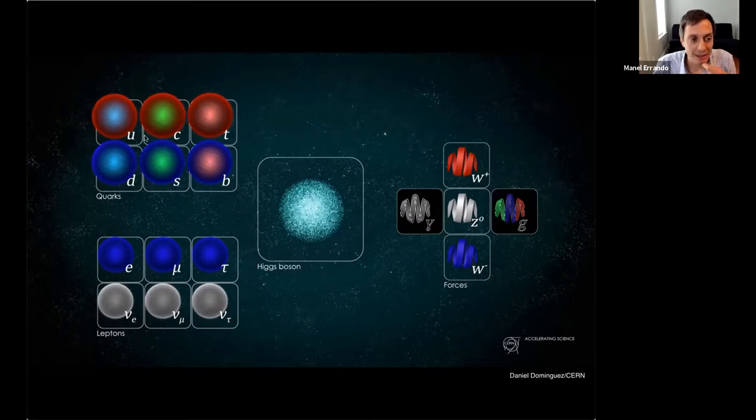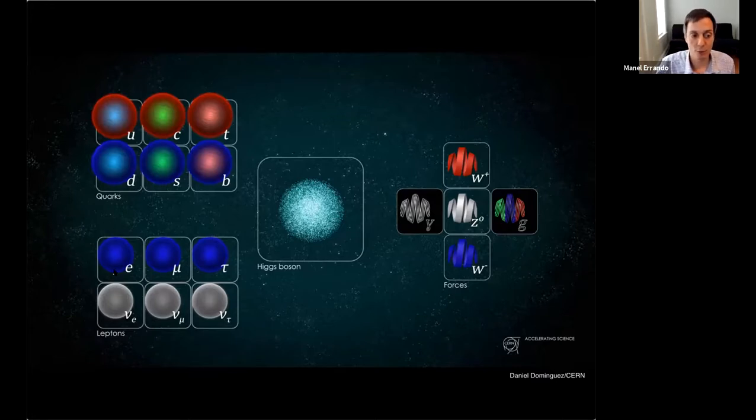But these particles tend to be very unstable, and they cannot really be isolated. So whenever you try to pull an up quark or a down quark from a nucleus, it immediately wants to put itself together into protons and neutrons and other particles. The same happens with the electron.